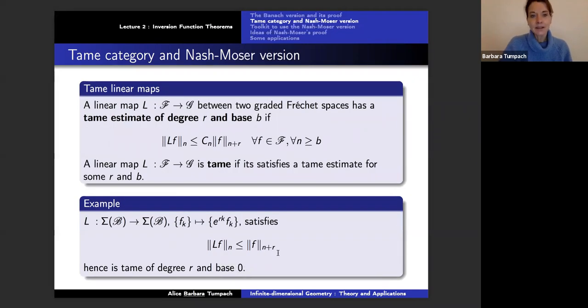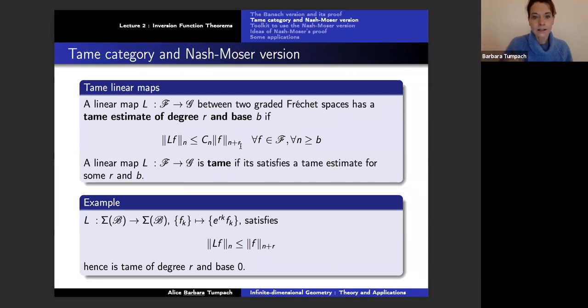Now, what is a Tame linear map? It's a linear map which satisfies some Tame estimate. So on a graded Fréchet space, we have the sequence of estimates, and the condition is that we have an estimate at order n using the norm at order n plus r, and r is fixed. And this should be valid for n greater than b, where b is a base.